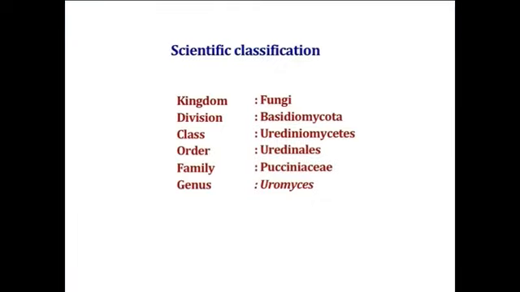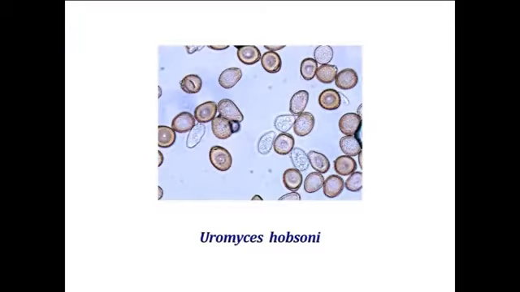Now coming to the scientific classification of this pathogen. Kingdom is Fungi, division Basidiomycota, class Urediniomycetes, order Uredinales, family Pucciniaceae, genus is Uromyces. Now let us see about the character of this pathogen. The pathogen is Uromyces hobsoni.